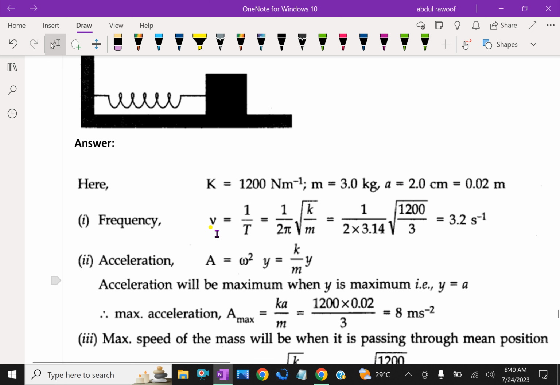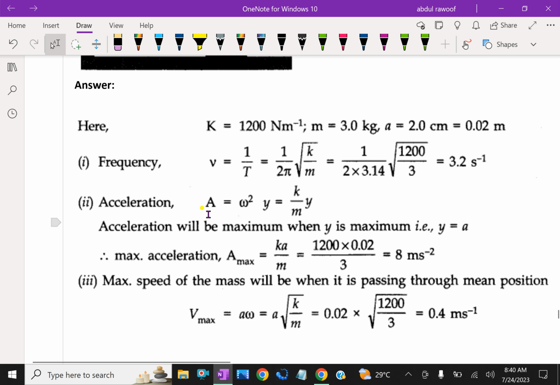Here the frequency formula is nu equal to 1 by T, which is equal to 1 by 2 pi into square root of k by m. For SHM, frequency is this. So we are using the values 1 by 2 into 3.14 for pi, and k is 1200 and m is 3. So by solving this, we get 3.2 per second, that is the frequency.